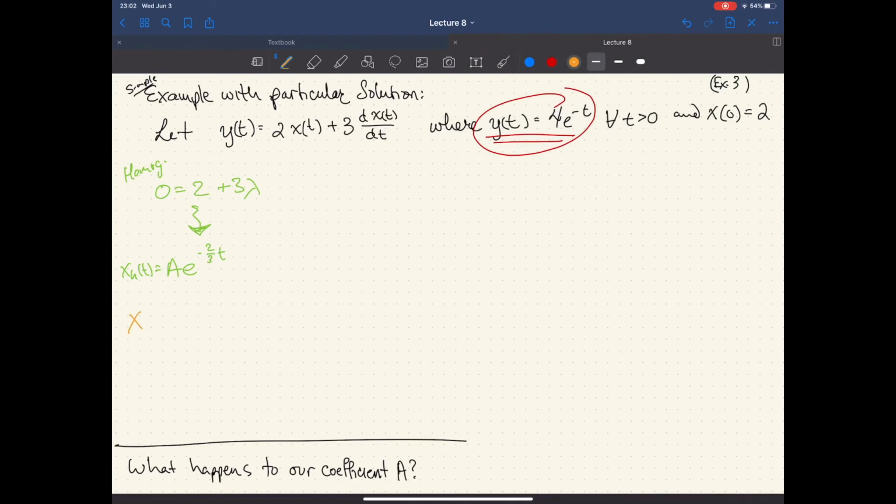We know that x of t is equal to x_h(t) plus x_p(t). Let's solve for x sub p of t, our particular solution. Our particular solution should take the form some constant times e to the minus t, because that's what y of t is. Yeah, pretty straightforward.